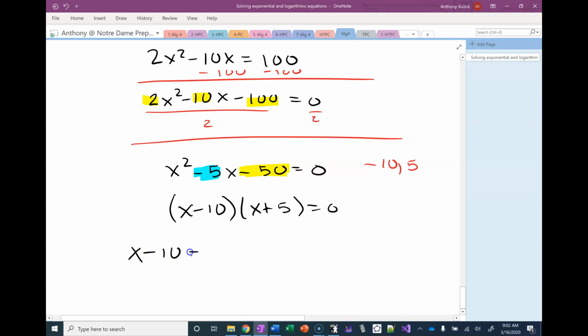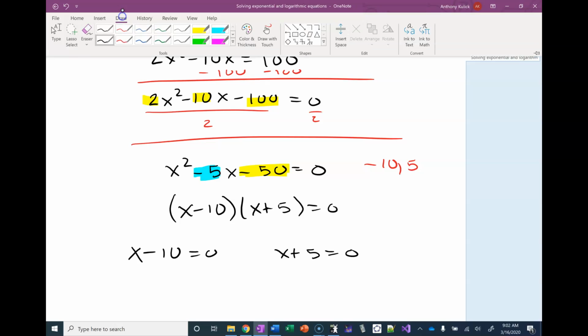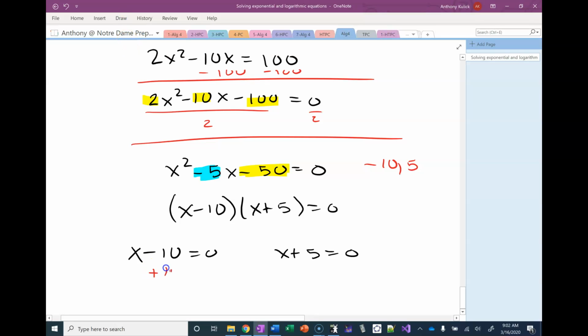I'll then apply the zero product property to write this as two equations. X minus 10 is equal to 0, and x plus 5 is equal to 0. To solve the first equation, I'll add 10 to both sides.